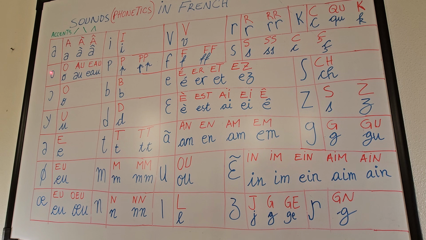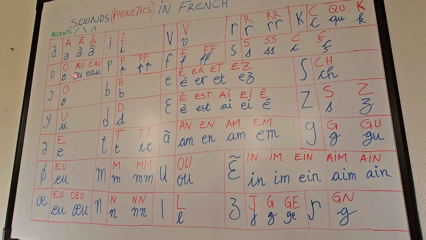Here we have o. That's the phonetic, but there are three different spellings, and they all sound o. Here we have o on its own, which you might see in some words. You might see a, u.